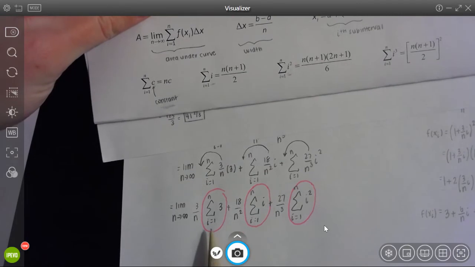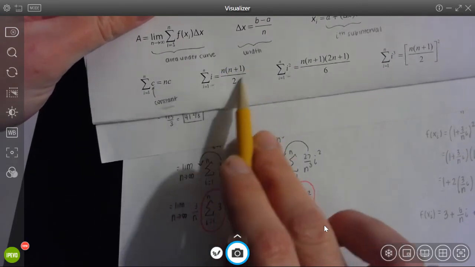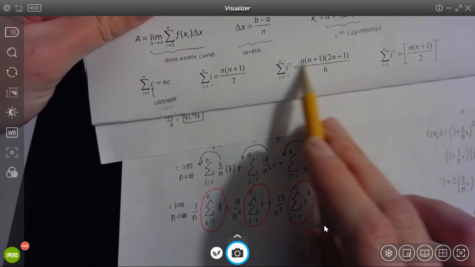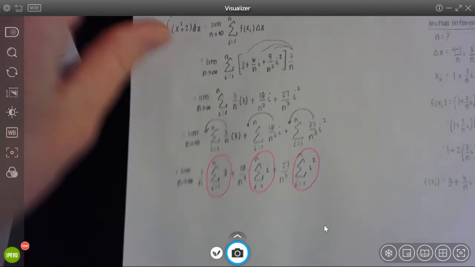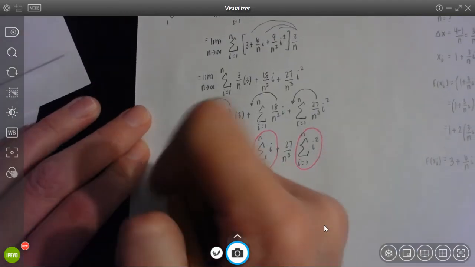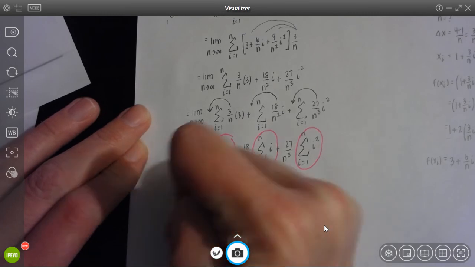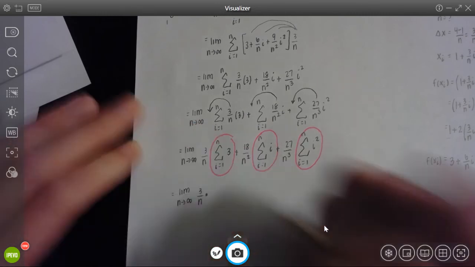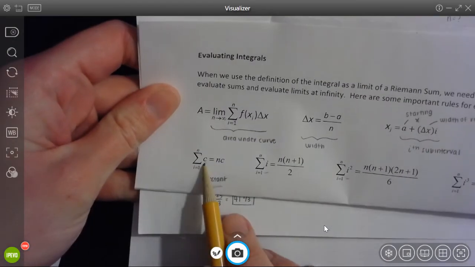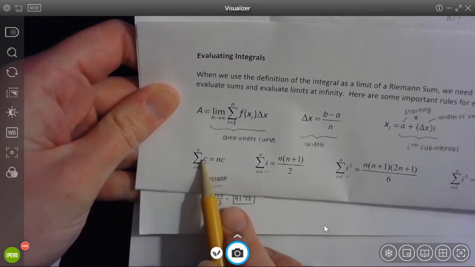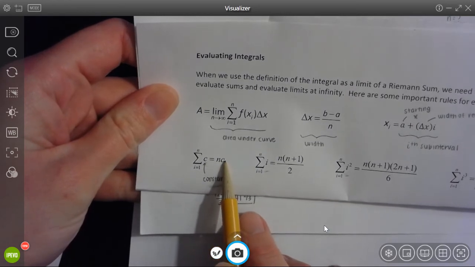We just have to be a little bit careful, but we know that the summation of I is equivalent to n times n plus 1 over 2. The summation of I squared is equal to this stuff, which we saw in our last example. So when I plug in for my constant term, we said that the summation of a constant, which is 3, is going to be equal to n times whatever the constant is.